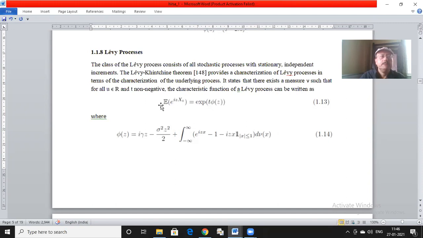So this characteristic function can be written as e to the power t phi(z), where phi(z) is explicitly calculated as this expression. So phi(z) has basically two types of terms. The first couple of terms, i gamma z minus sigma squared z squared by 2, is essentially the same as the normal distribution.